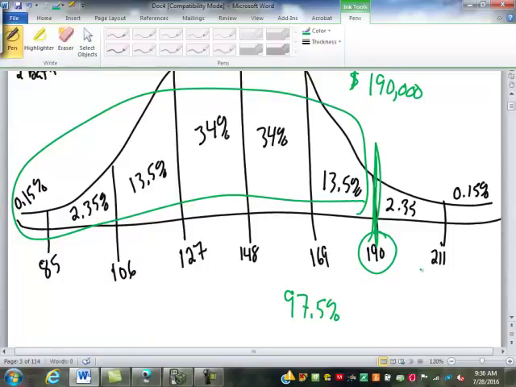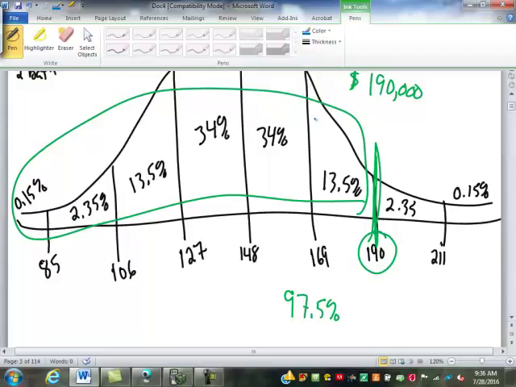Well, that means of all the 3-bedroom, 2-bath houses in that area, 97.5% of them are cheaper than the one that you just looked at. So do you think that means there's a good chance you're going to find another one you like that's cheaper? Most likely. 97.5% of them are cheaper. There's a good chance in that 97.5% there's going to be one that you like.